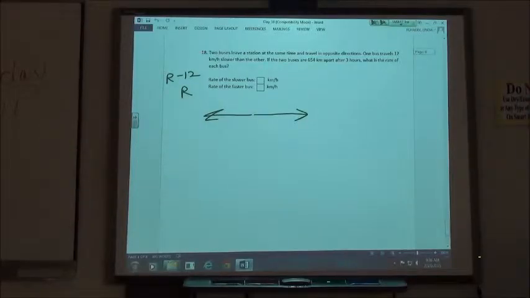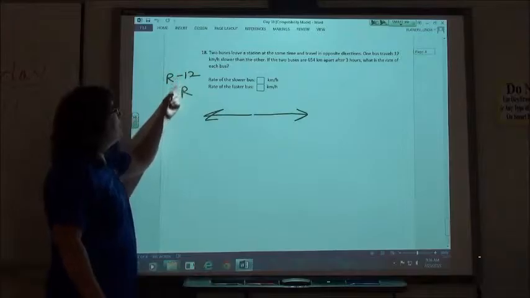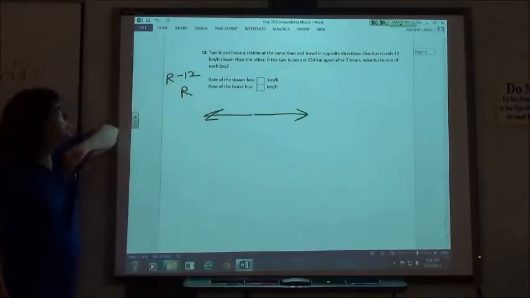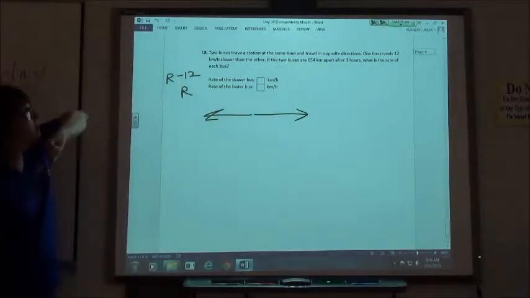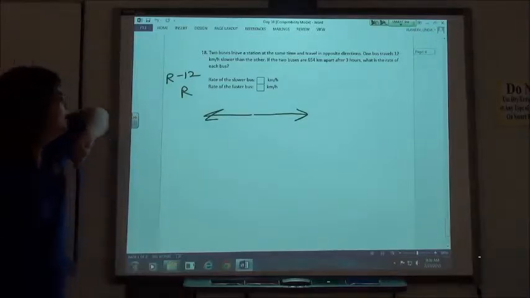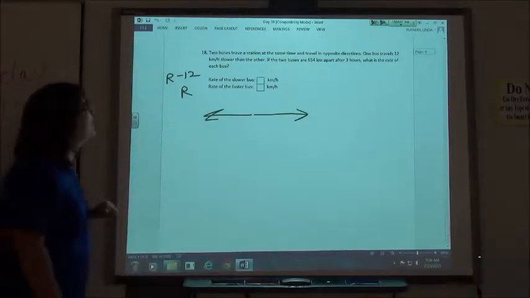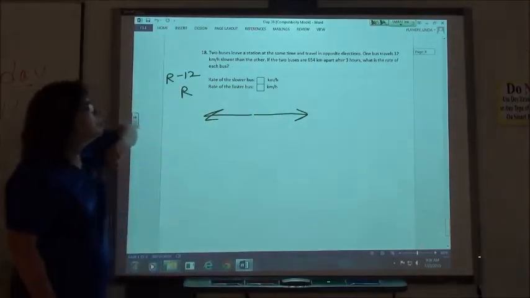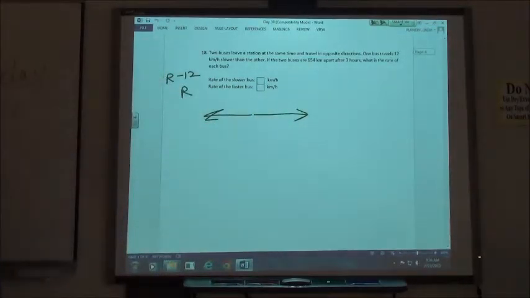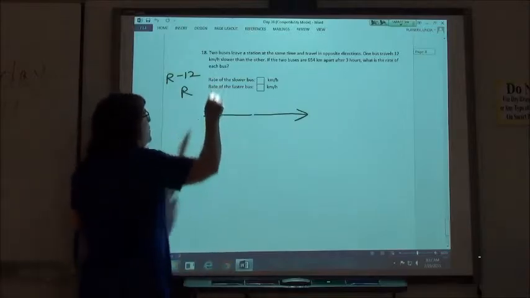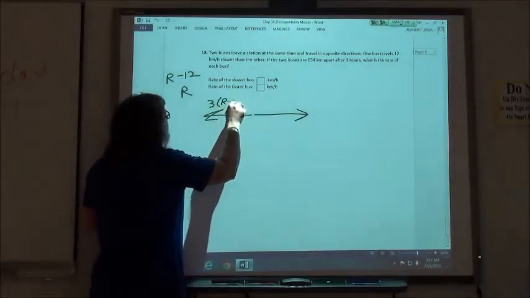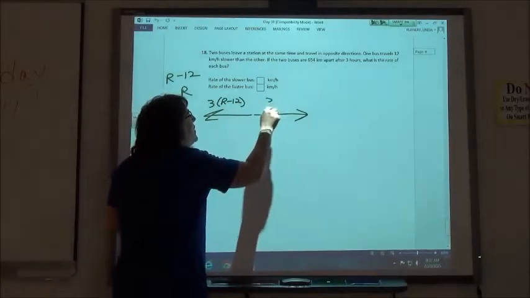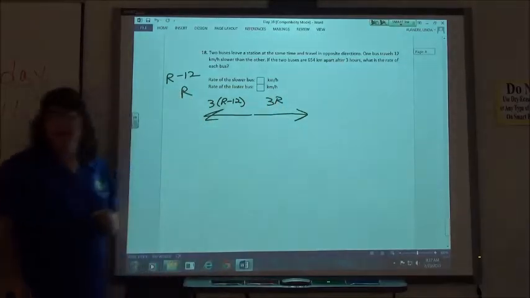So I have the rates of my 2 buses. The faster one's going R, the slower one is 12 kilometers per hour slower, so R minus 12. The 2 buses are 654 kilometers apart after 3 hours. So one of them is going 3 times R minus 12. The other one would be going 3 times R, right?